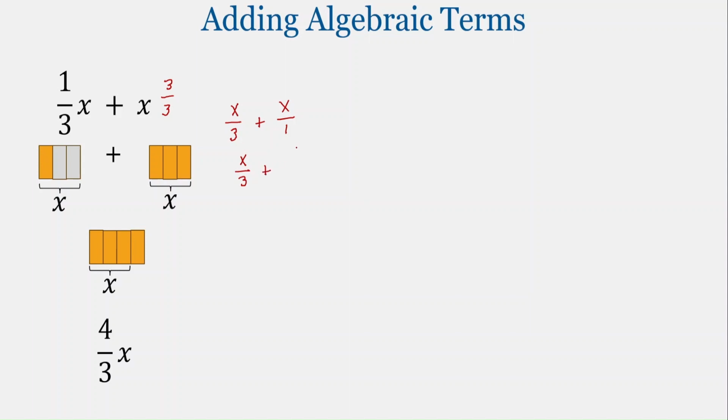In the second fraction, we need to multiply both the top and bottom by 3. That's going to give us x over 3 plus 3x over 3. Now we have a common denominator. We can add the top and the bottom. 3x plus x is 4x all over 3.